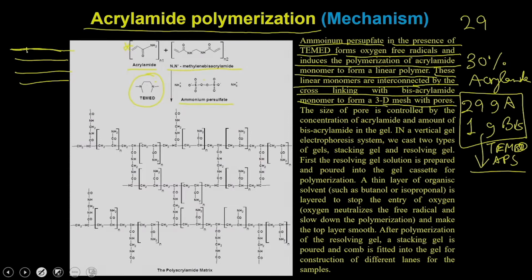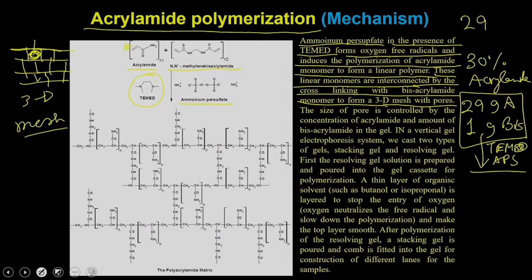These polymeric fibers are also being connected with the help of the bisacrylamide, because the bisacrylamide has the cross linking groups on both sides, and that is how you are making a 3D mesh which contains the pores in between, and these pores are used for the biomolecules to pass through.